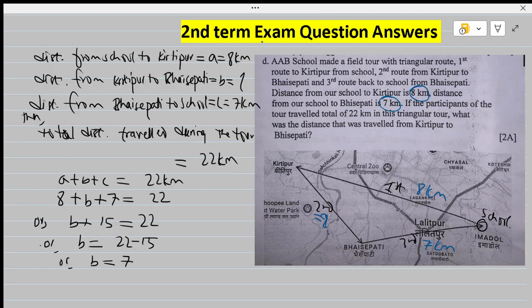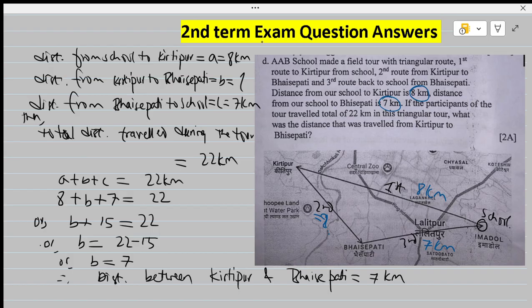So the distance between Kirtipur and Vaisipati is 7 kilometers. So that is number D.